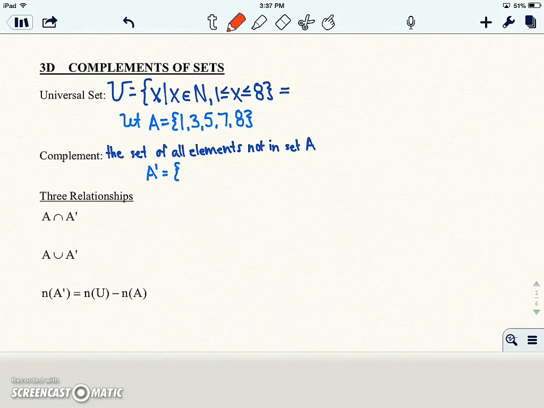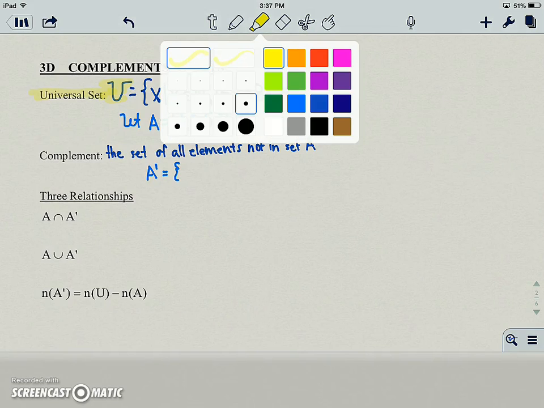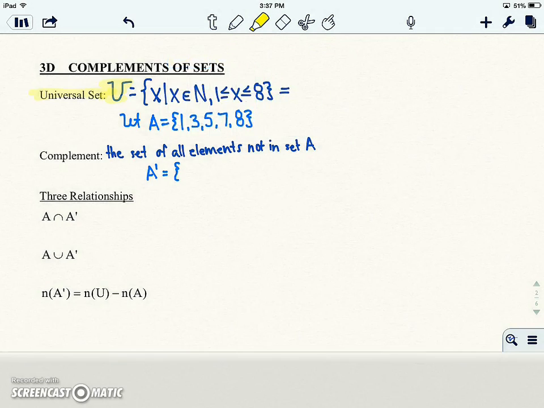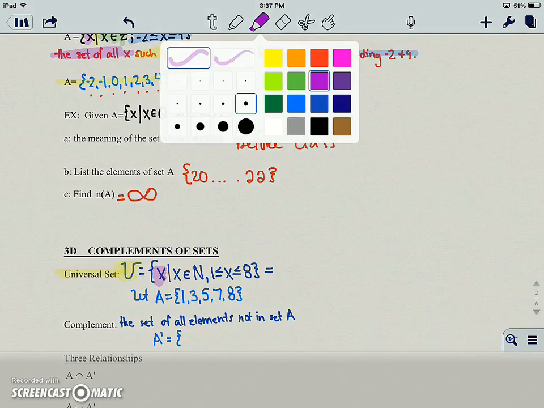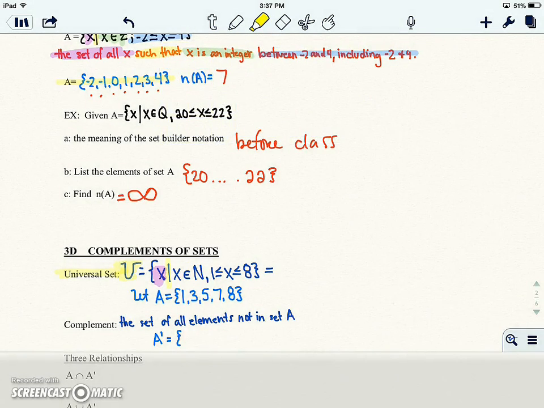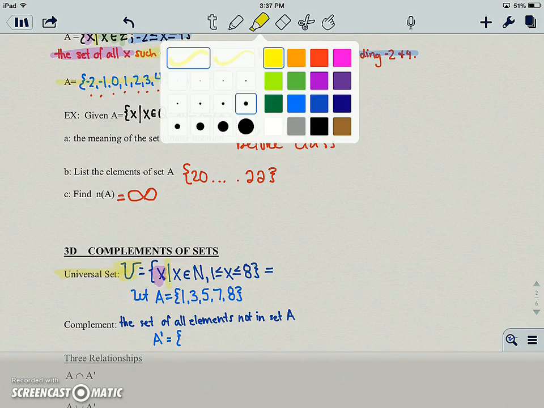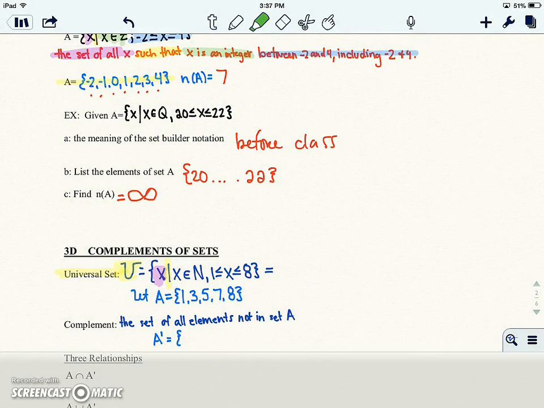And we need to talk about, we're doing this one with an example, this U. The universal set is all the numbers we're talking about. So in this case, I'm going to match the colors from above. We have the set of all x such that x is an element of the natural numbers.